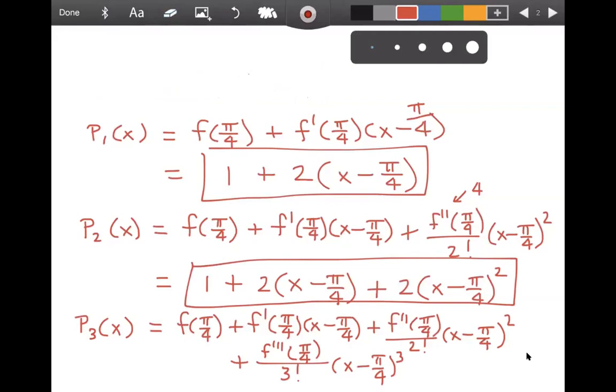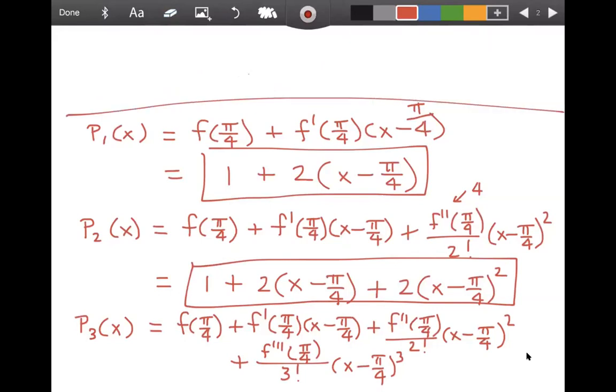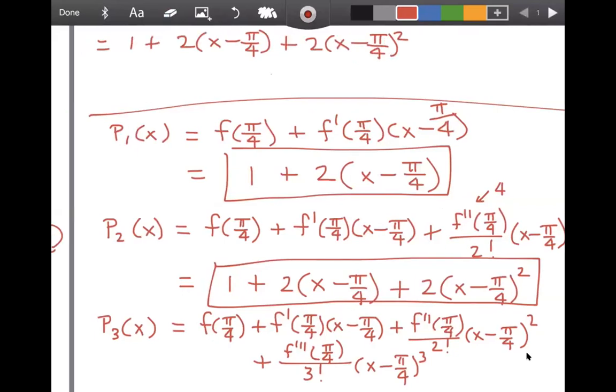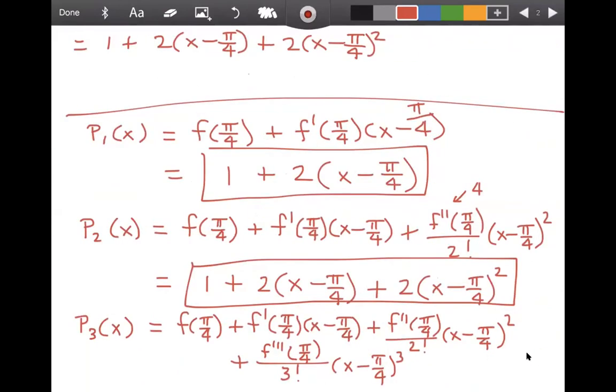Okay, so continuing from the bottom, we have 1 plus 2 times x minus pi over 4 plus 2 times x minus pi over 4 squared. Okay, now f triple prime at pi over 4 was 16, right? So this here is going to be a 16.